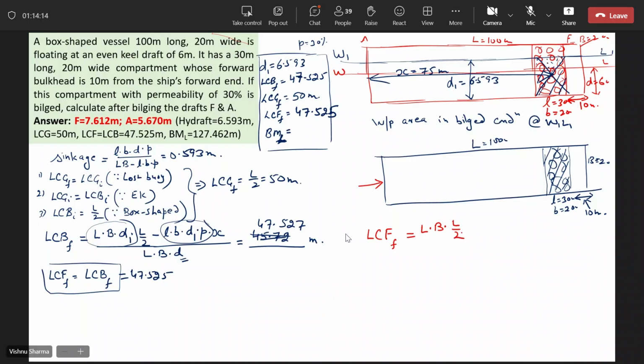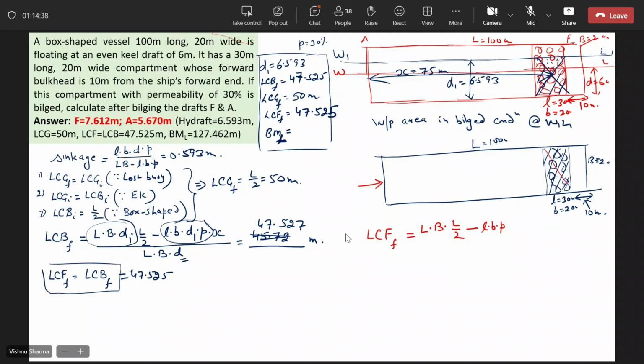From this whole moment, if I remove the moment of the lost water plane, first we identify the lost water plane. How much is the lost water plane in the notational form? Small l, small b. Small l into small b, into p, sir. Very good, correct.